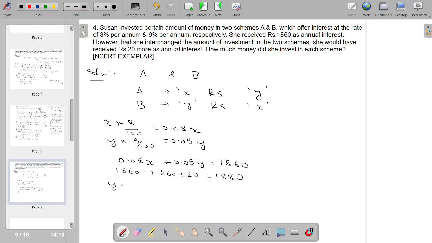The interchanged amount is Y, and 8% applies only on scheme A, so 0.08y, and X is on scheme B. The amount got interchanged here, but the interest rate remains the same, it won't change.